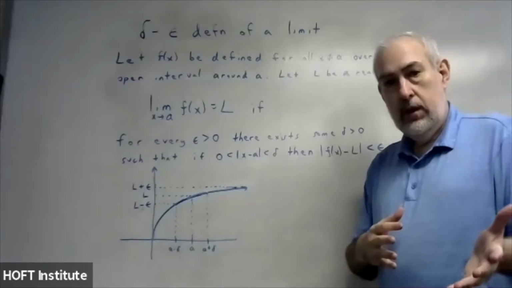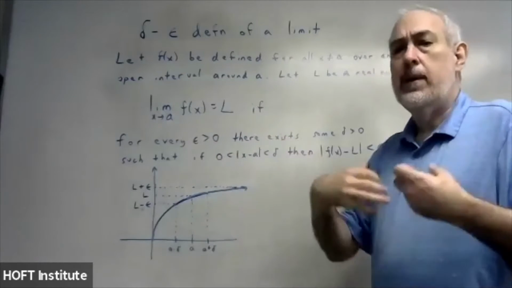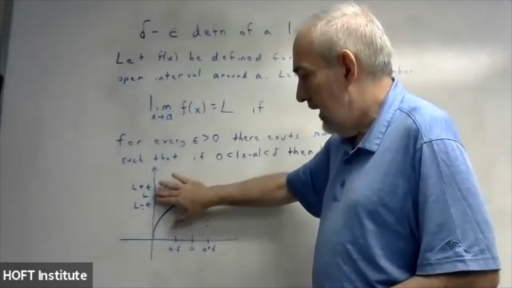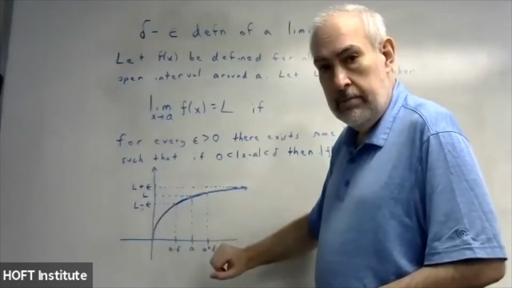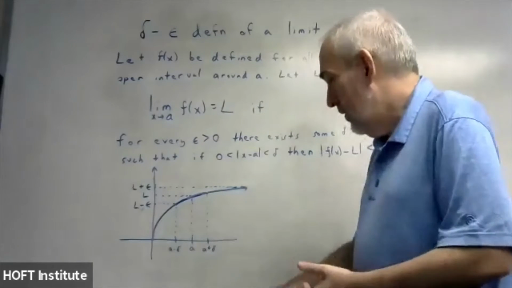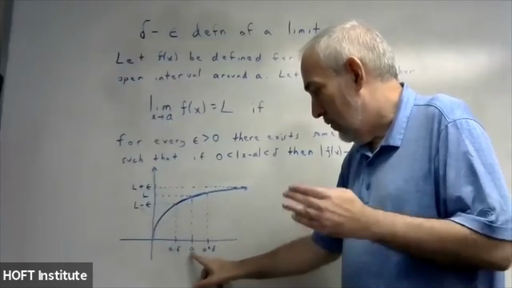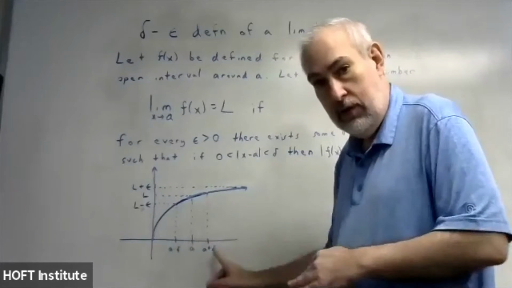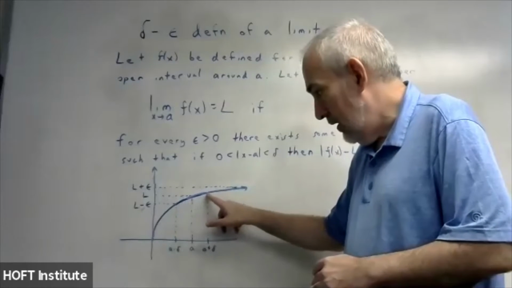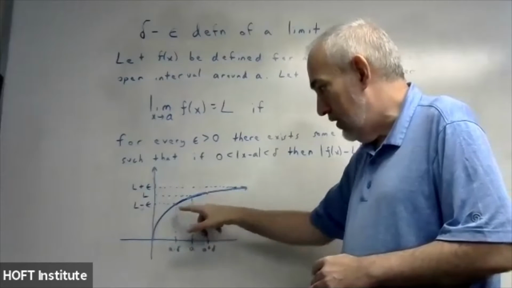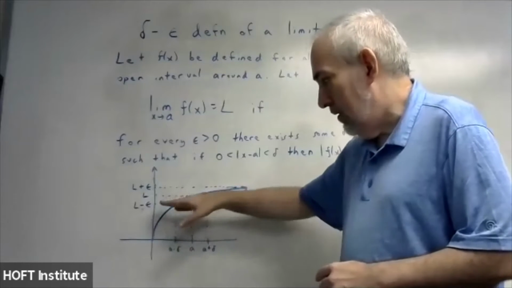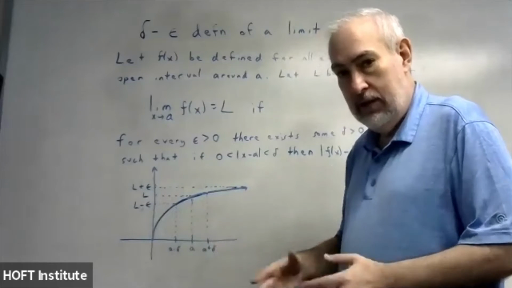Because this is for every epsilon, if someone gives you a random epsilon, then you want to look at L plus or minus the epsilon, and then you have to come up with a value of delta such that whenever x is within a minus delta to a plus delta, so that would be this region from here to here, then for all x's in this region, the y coordinates of our function have to be within plus or minus epsilon of L.